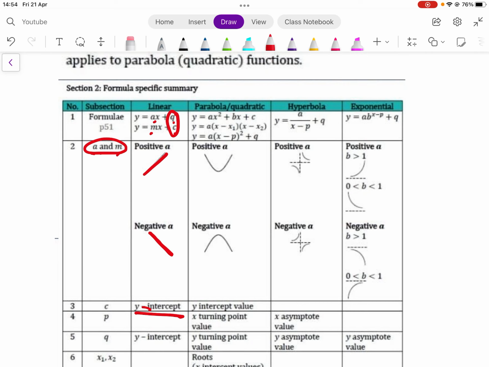And we have parabolas or quadratic functions rather, which can be given by either one of these three equations. So the first one, I think, is the most famous one that most of us are familiar with. And whenever the A in that equation is positive, that means our graph is facing up. Is it concave up?